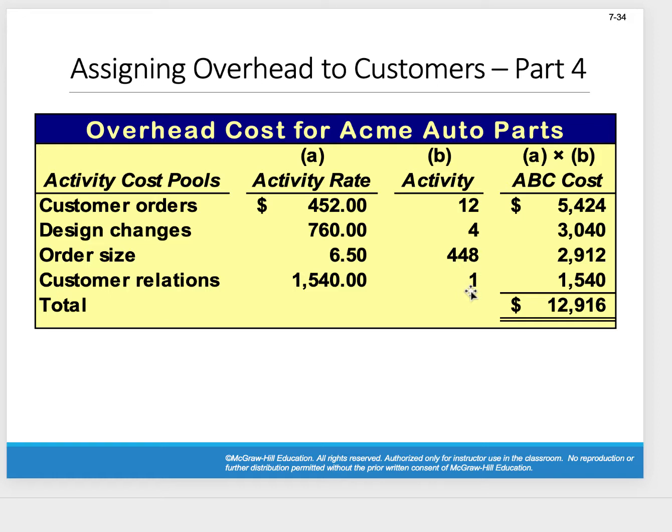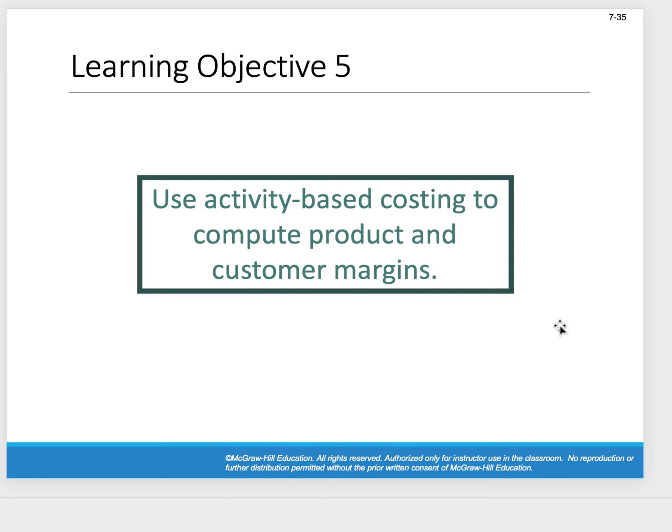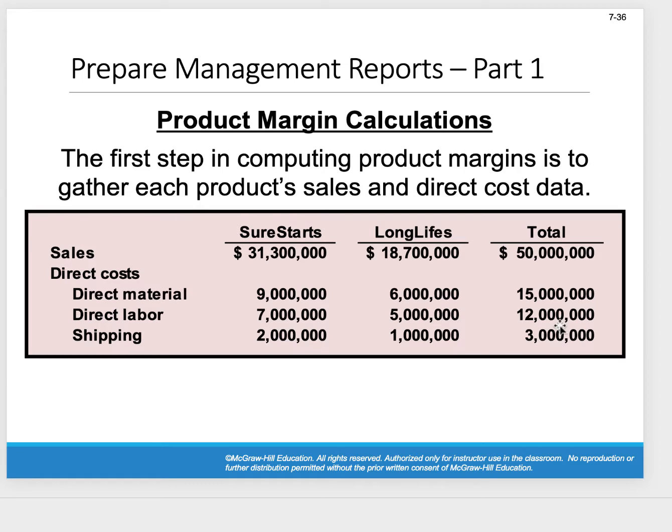Well, it's one customer, so we're just going to multiply by 1. We get 1,540. So the total overhead cost, only the overhead portion, that we should assign to Acme, $12,916.